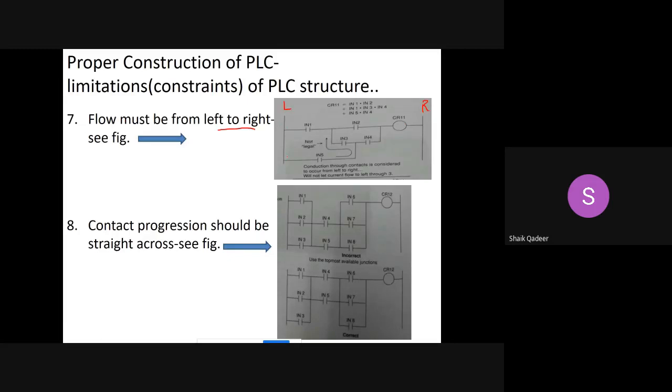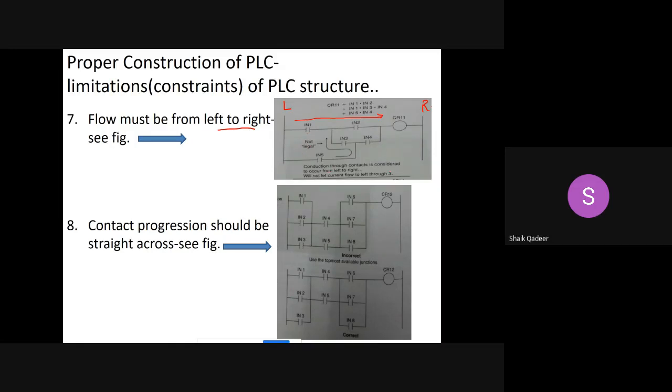The flow should be left to right. In this case it is going left to right. But in this case, it is coming from right to left. There is a chance of moving this contact into this thing and also into this thing. So this type of flow must be avoided.